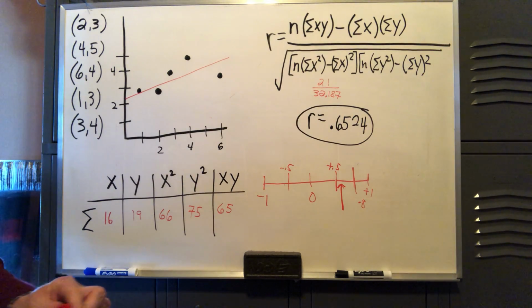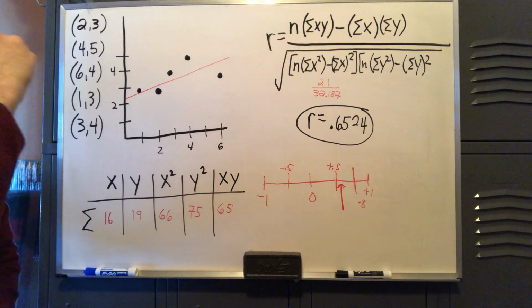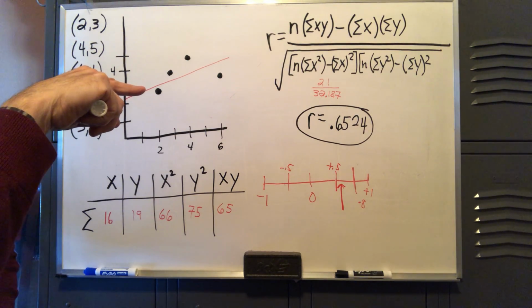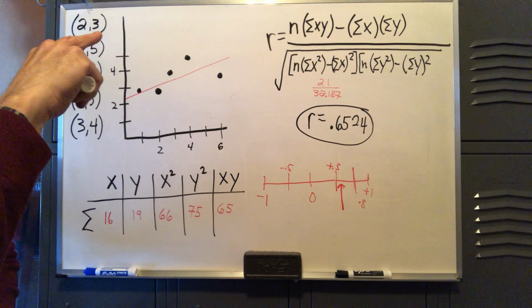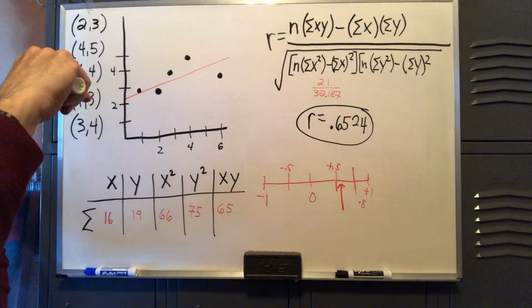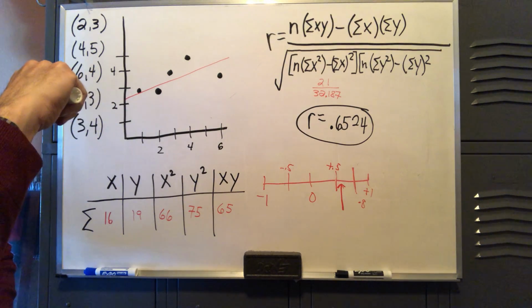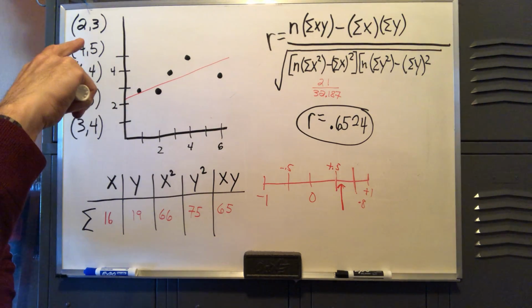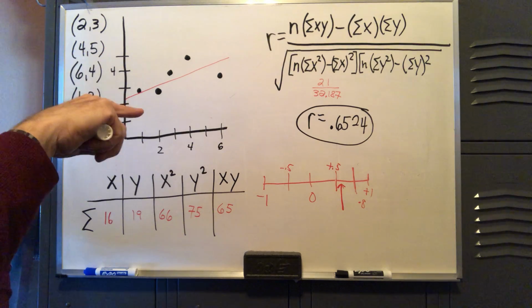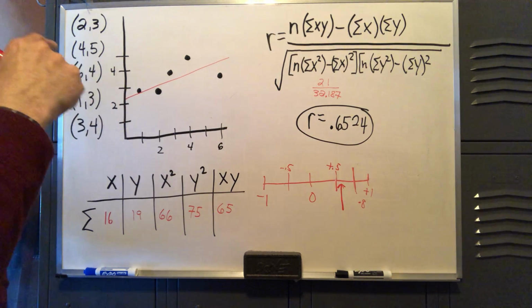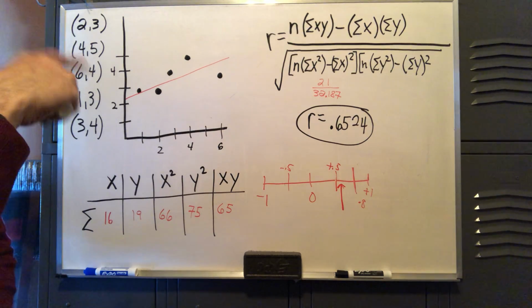When I summarize or interpret what R means, here's how we say it. There is a moderate positive linear relationship between number of children and number of televisions.